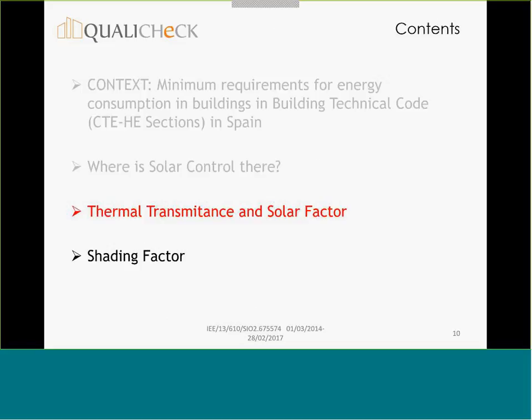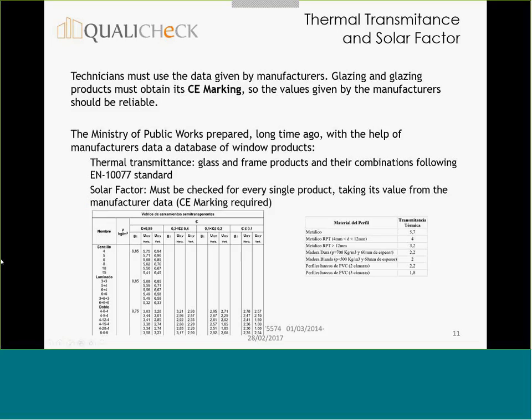Well, a few words concerning thermal transmittance and solar factor. As I have just said, the technicians making the verification of the building technical code or obtaining the EPC for the building must use products that should have obtained the CE marking.